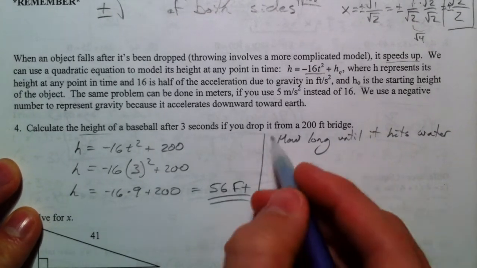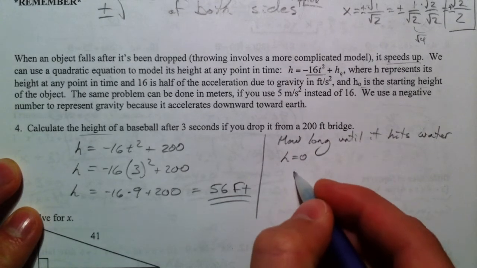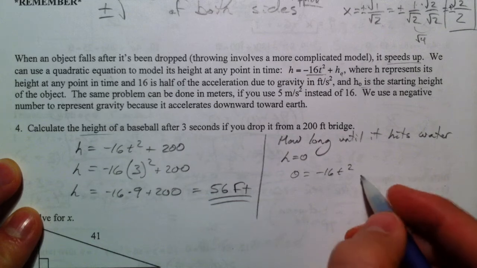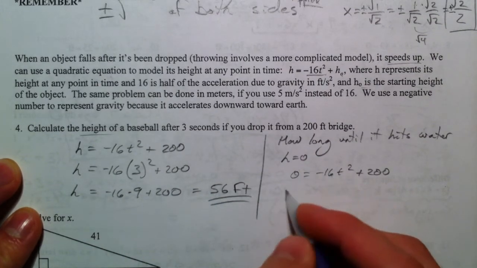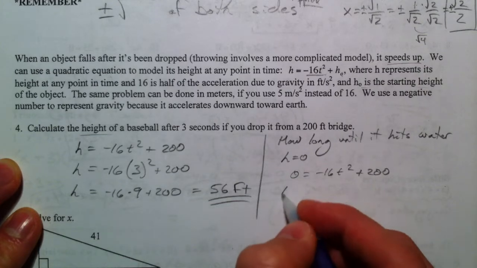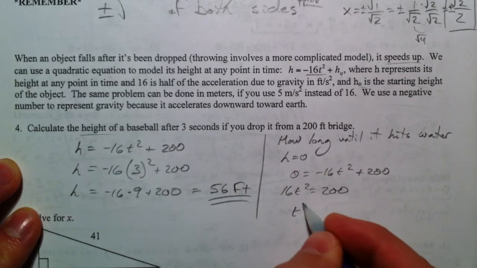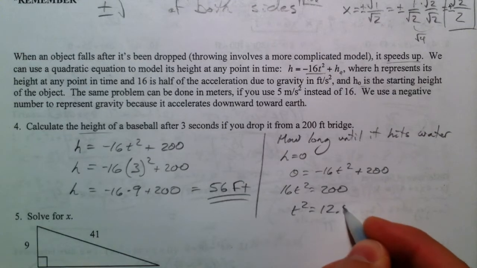Hits the water. If it's a 200-foot bridge, h equals 0 is what we're looking for. So 0 equals negative 16t squared plus 200, and we can add 16t squared or subtract 200, either way. T squared is 200 divided by 16, 12.5.